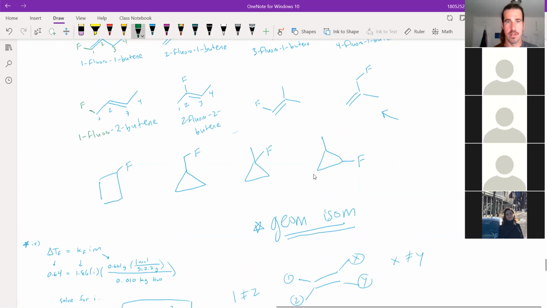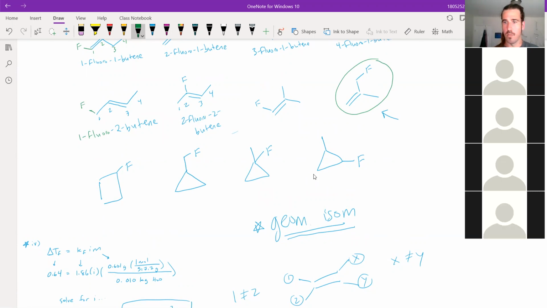Which one? This one here. No. Why? Because there's just carbons attached to it and one hydrogen. Well, on this carbon of the double bond, there are 2 hydrogens, right? They're not shown, but those are 2 hydrogens, and those are the same thing.